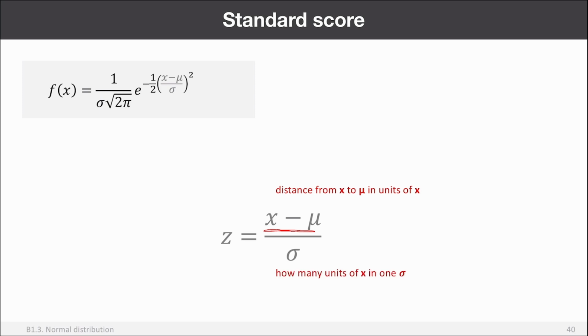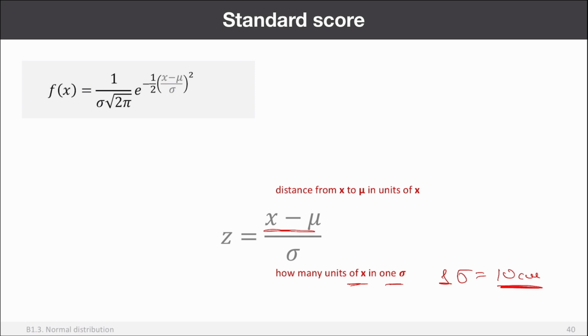Sigma. But what is sigma? Sigma is how many units of x you have in one sigma. So when sigma is 10 centimeters, it means that 1 sigma is 10 centimeters in x. So 1 sigma corresponds to 10 centimeters, or 1 sigma corresponds to 5 milligrams per liter, and so forth. So it's also a distance.